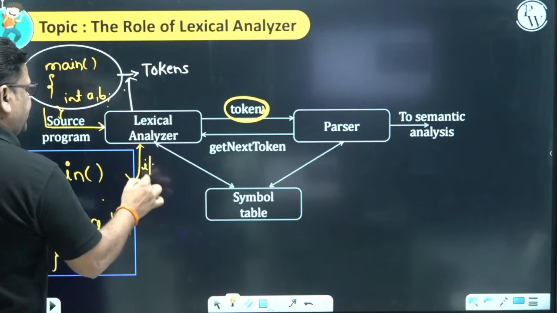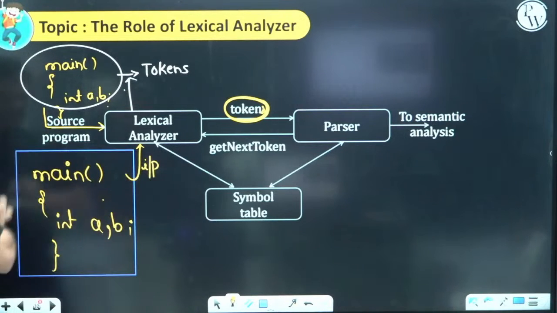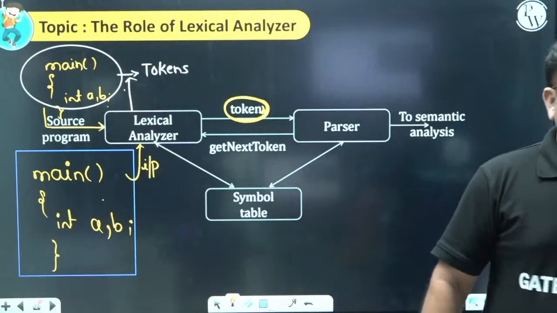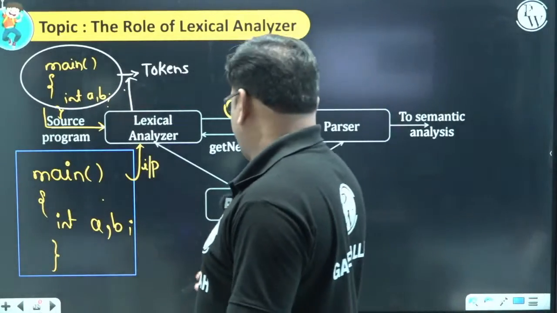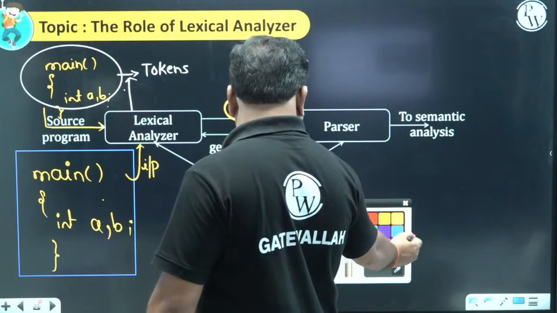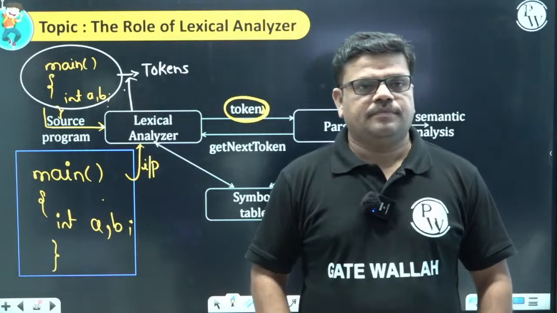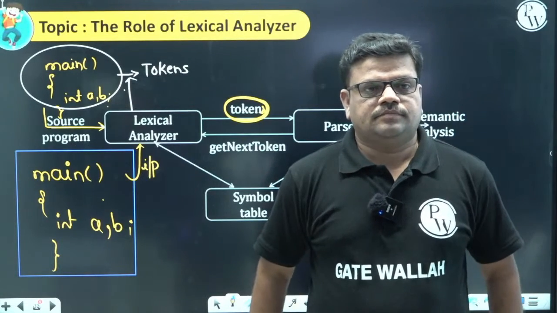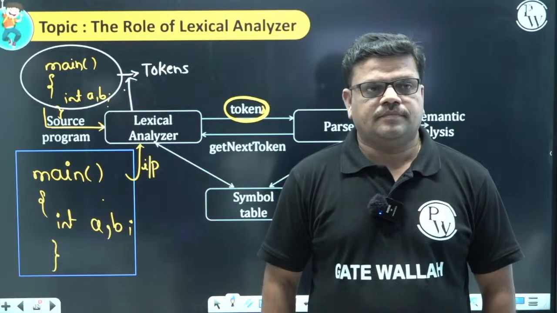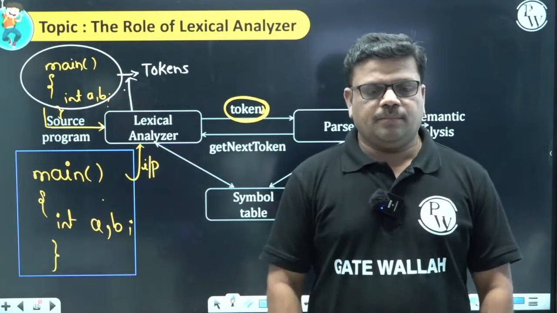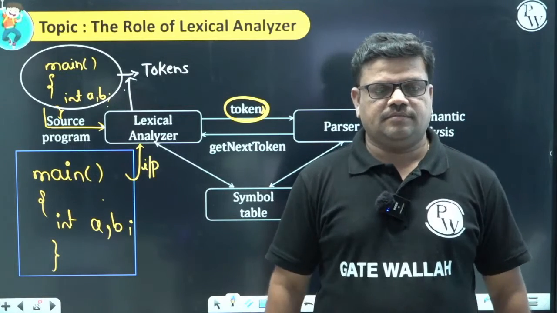So how many tokens will be produced by the lexical analyzer for this input? If my input is like this, how many tokens are produced?